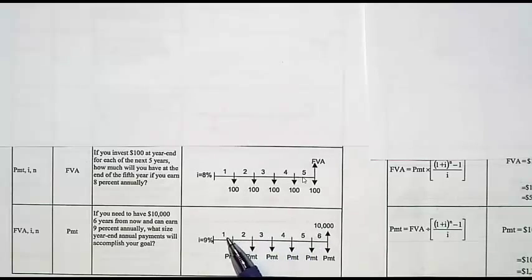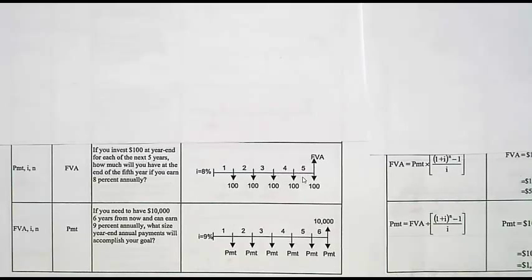Okay, so here's the structure. And I always think it's a good idea to draw the timeline to sort of see what it looks like. And one thing you might recognize is that the future value of an annuity is just a future value of a series of individual payments. That is, this payment that accumulated at 9% for 5 years.